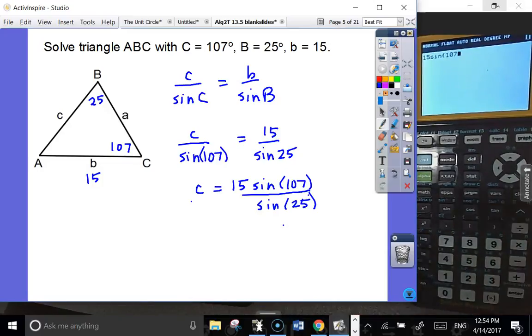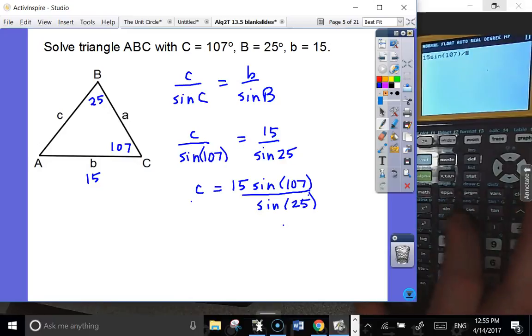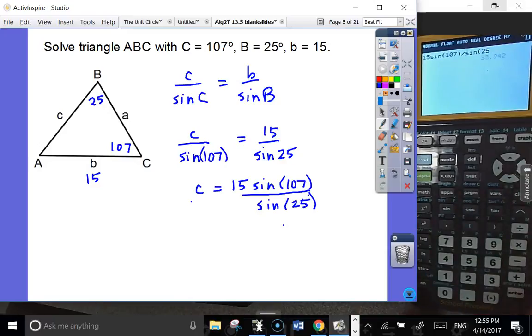Make sure to close the parentheses before you divide. Sine 25. And it looks like 33.9. Let's just use to the tenth. Okay, so we've got that one, 33.9.